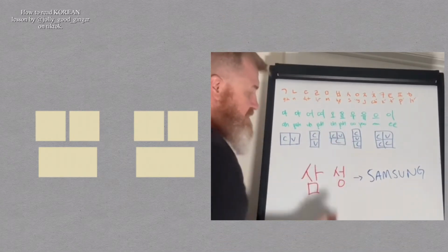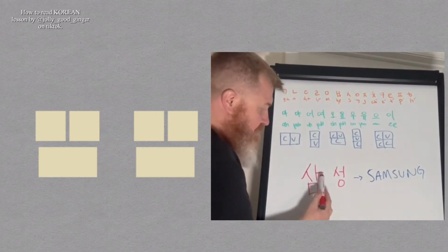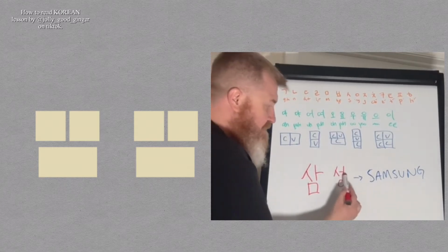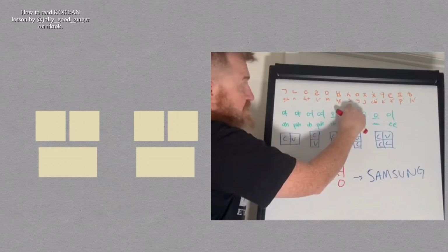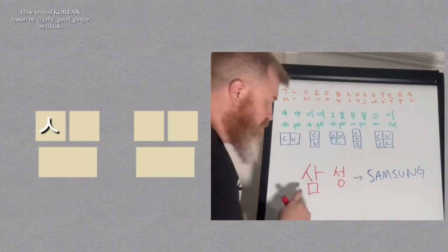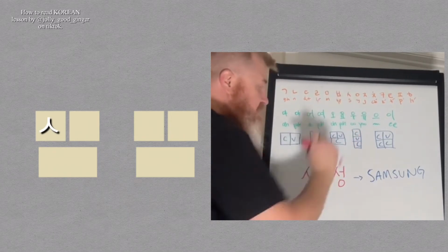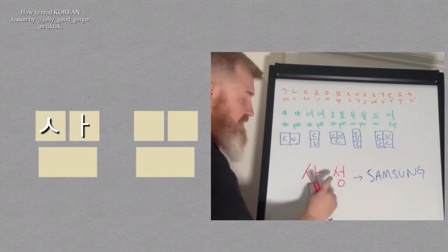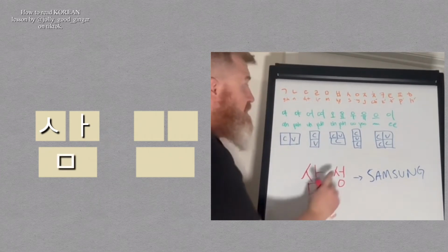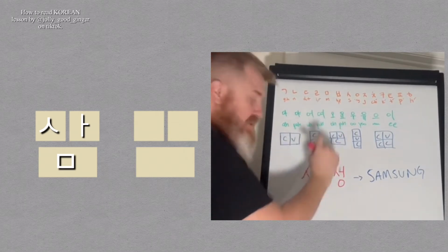Consonant, vowel, consonant. That means this is a consonant, a vowel, and a consonant. Which consonant? It's this one right here, which matches that one, which is a shiot, which makes the S sound. The vowel is ah, so sa. And then the next consonant down is mim or im, so sam.